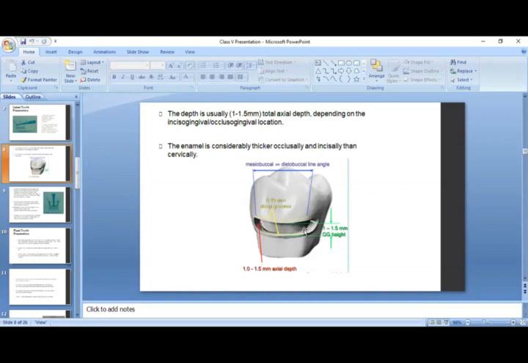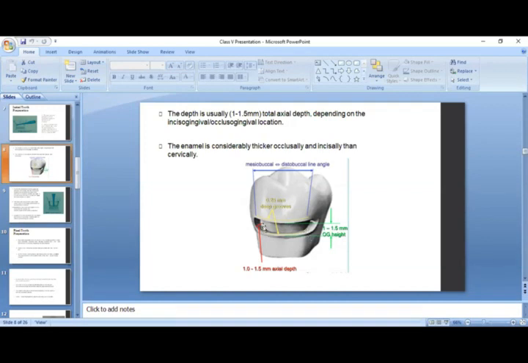Okay. So again, the depth of the cavity should be 1 to 1.5 millimeter. It is always in a range. We do not limit ourselves to 1 millimeter or 1.5 millimeter. It depends on the location, for example incisogingival or occlusal, and the extent of the carious region.